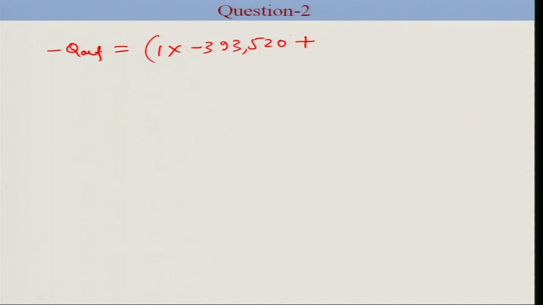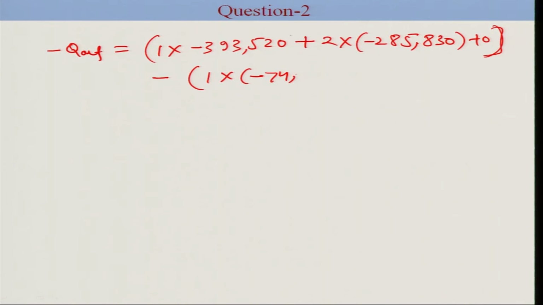These are the enthalpy of product streams, 2 times minus 285,830 plus 0, minus enthalpy of the reactant, 1 into minus 74,850 plus 0, because naturally occurring gases like nitrogen and oxygen have 0 heat of formation.